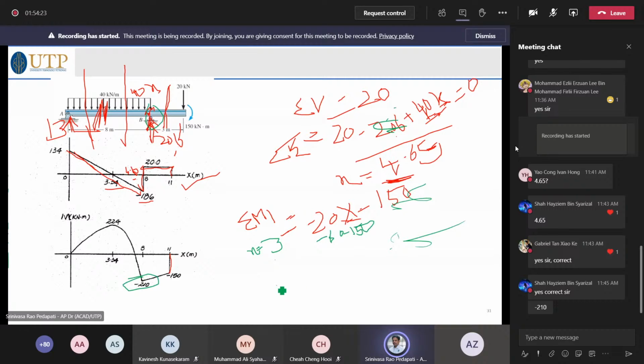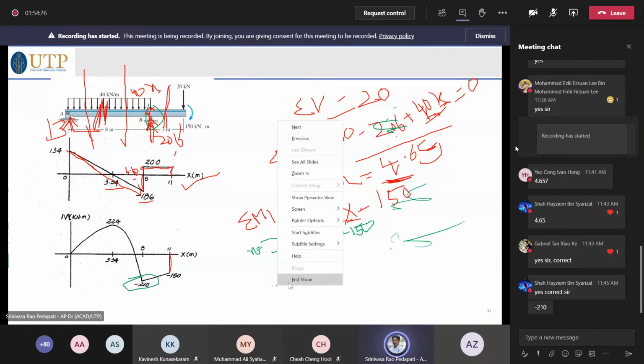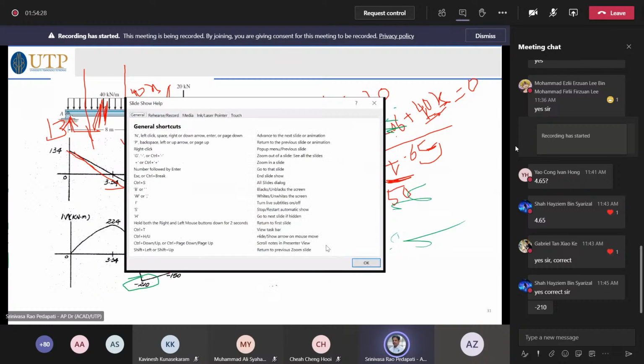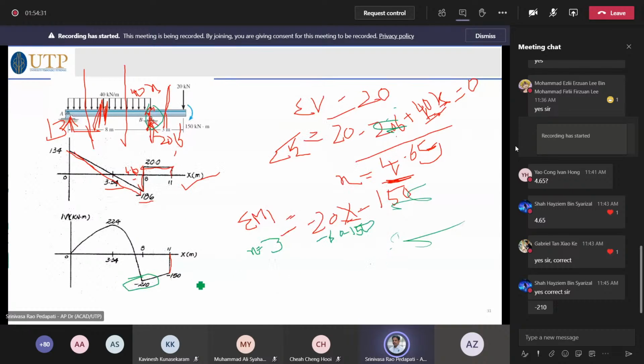Once you have the salient points, we mark them. Salient points mean, say, A and B, the edge points. So at A, what is the moment? Say 150. And at B, what is it? Say 210. So we join this point to this point by a straight line.